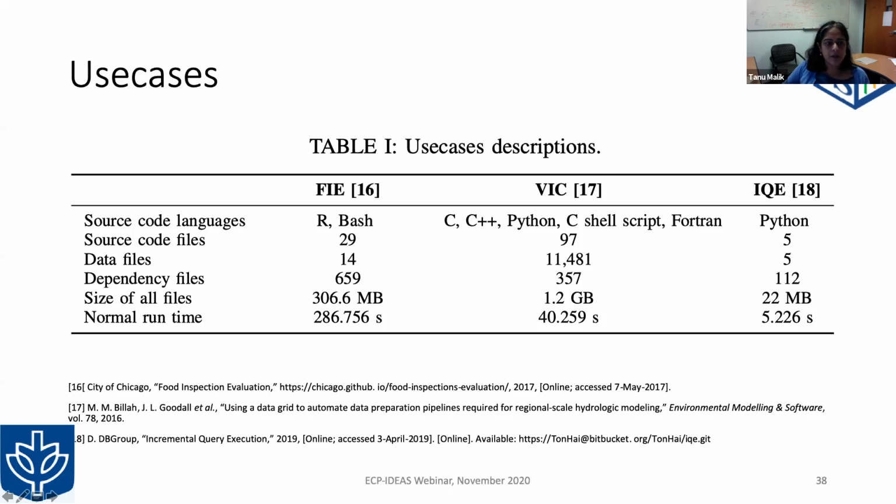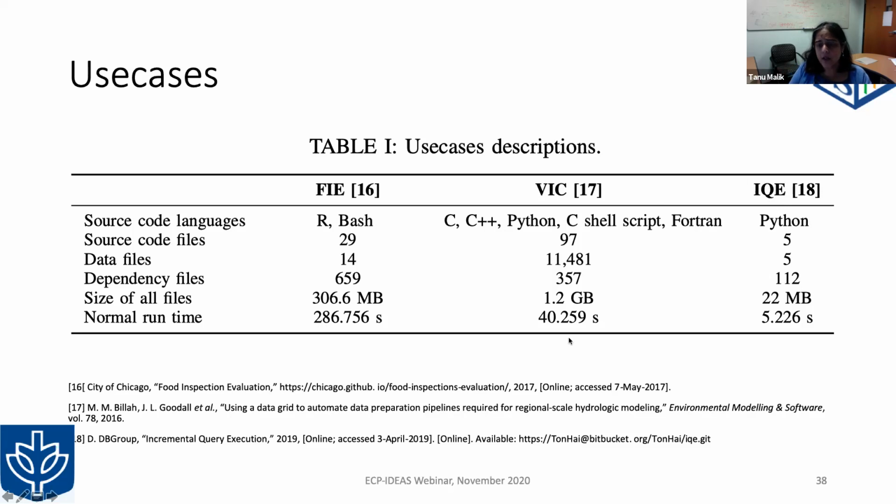So as you can see, the source code languages are of a variety over here. The applications are of modest sizes with some runtime, and these are analysis applications which a user might be doing with some data.